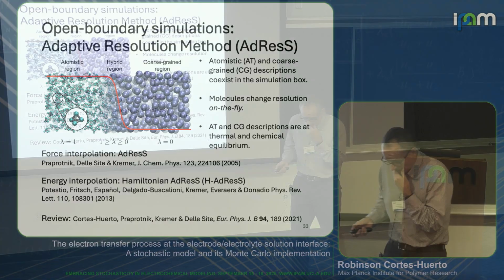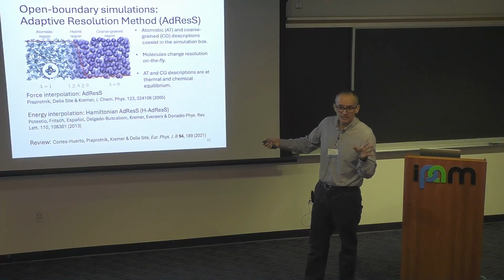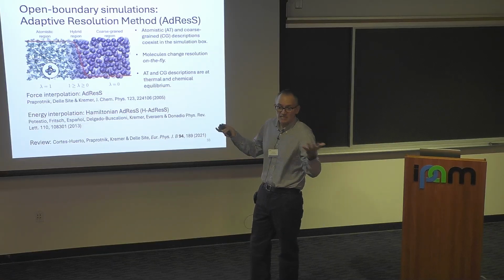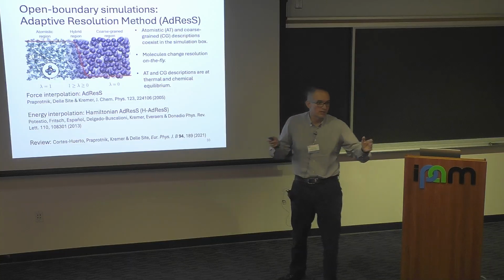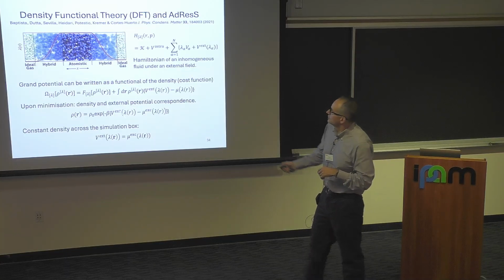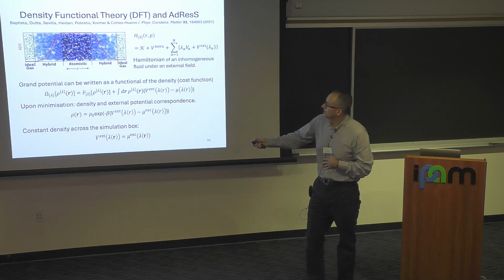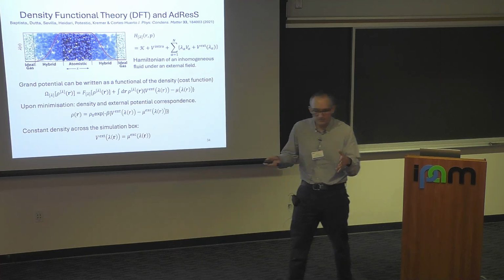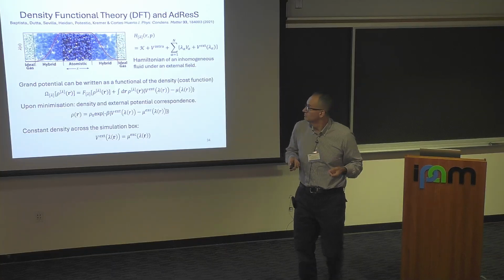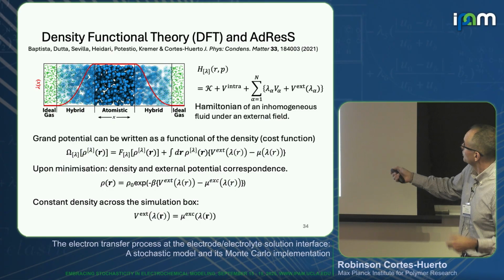Actually, one of the things that we realized is that this is nothing but a reference system for the atomistic system that we have here. So in principle, we can even have an ideal gas, a very reduced model, very cheap computationally. So this is what you have here: an atomistic and ideal gas representation. Ideal gas means simply non-interacting thermalized particles. We can write the Hamiltonian in this way.